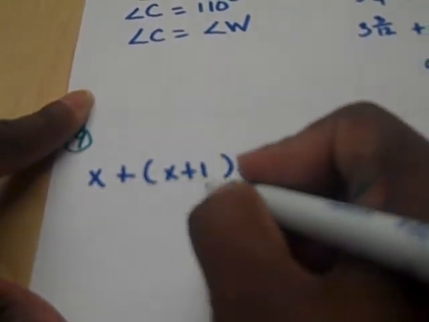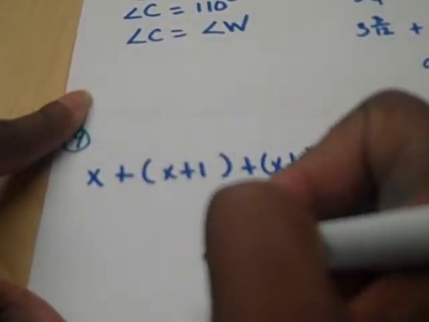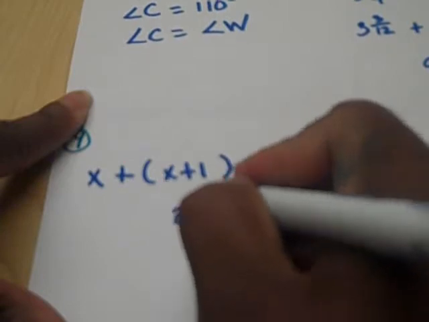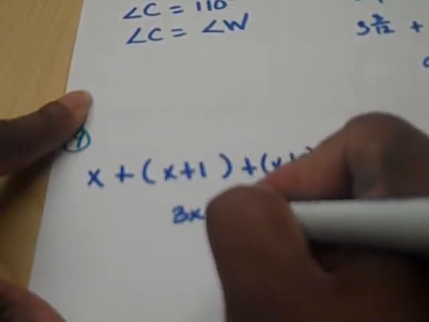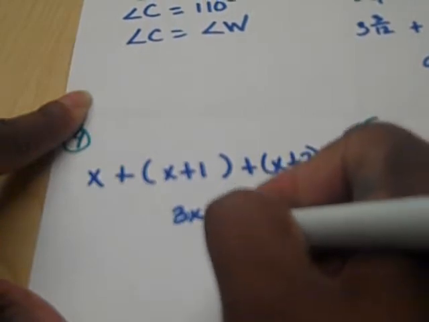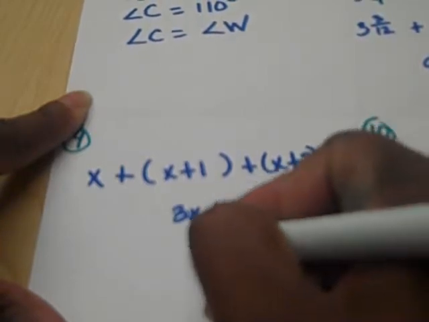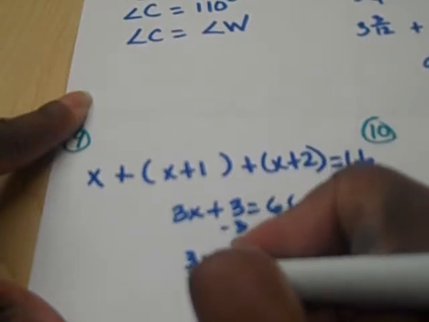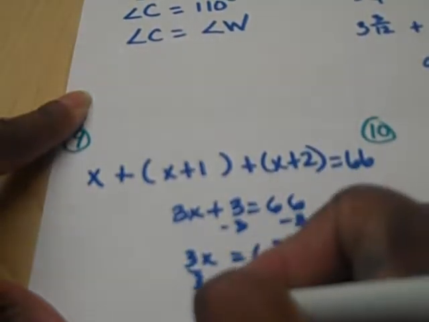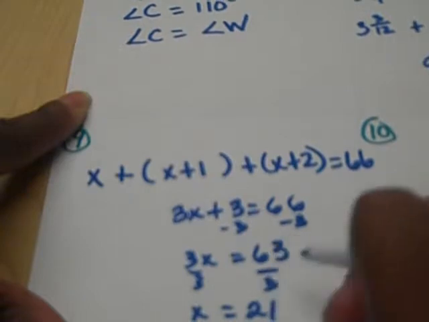So we can combine like terms. There are 3 x's, so that's 3x, 1 and 2. 1 plus 2 is 3, equals 66. Subtract 3 from both sides. 3x equals 63. Divide both sides by 3. X equals 21.